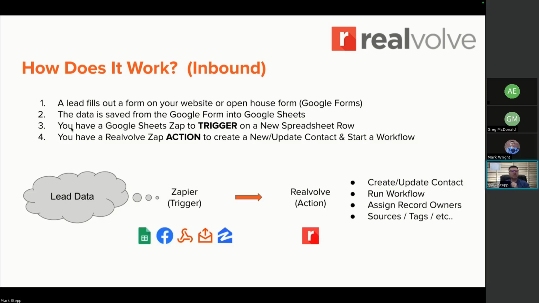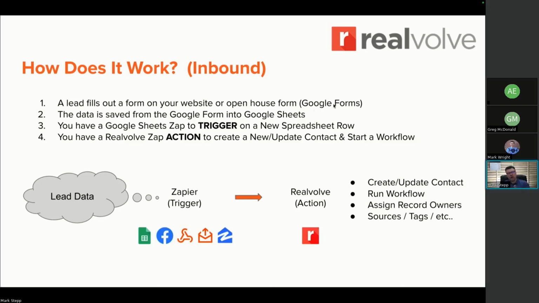Just as a quick visual, a lead fills out a form on your website or an open house form using Google Forms. So we're going to use this as an example. But in some form or fashion, you've got lead information.